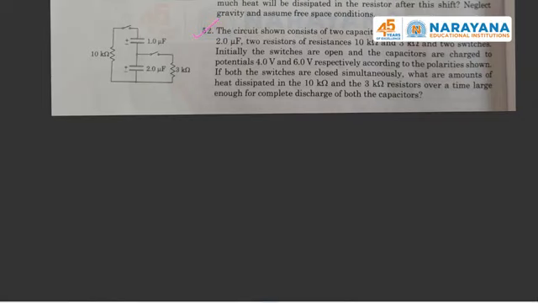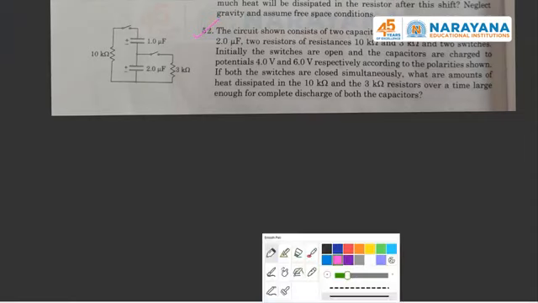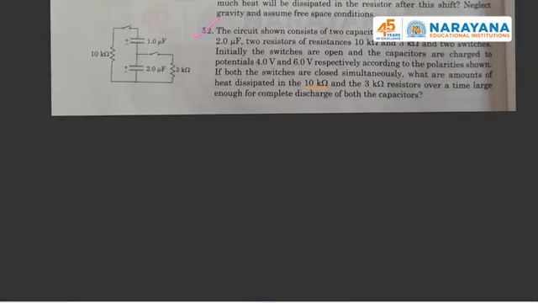If initially both of them are given some voltages, 4 volt and 6 volt, can we find out the total heat dissipated in the two resistors separately, in the 10 kilo ohm and the 3 kilo ohm resistors over a large time interval, time tending to infinity?